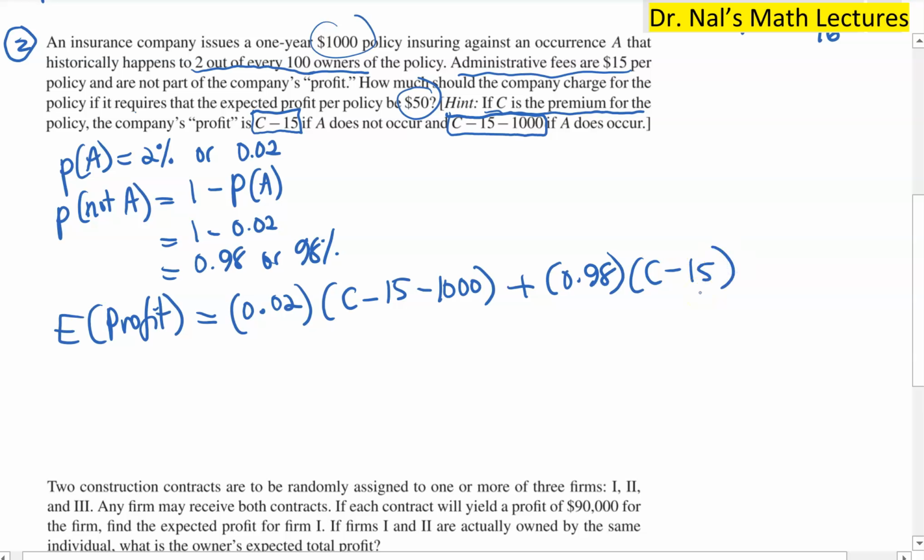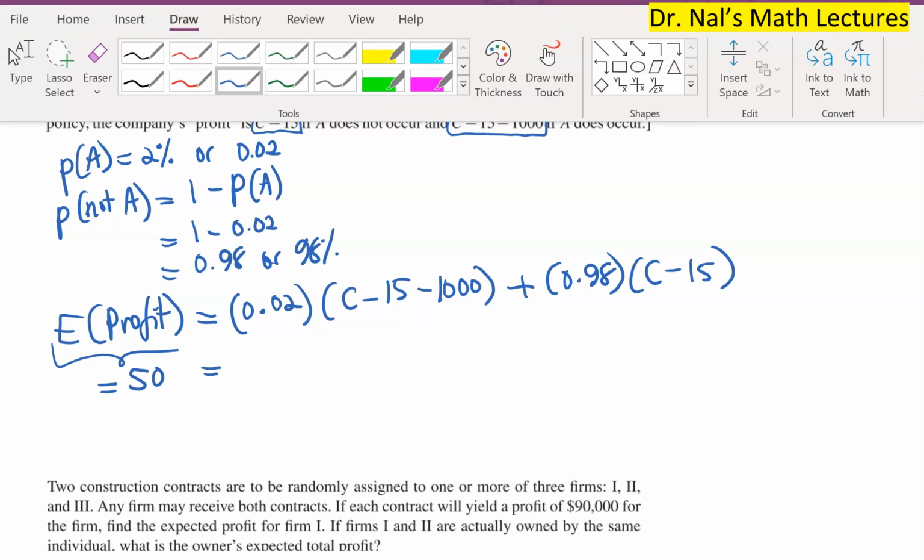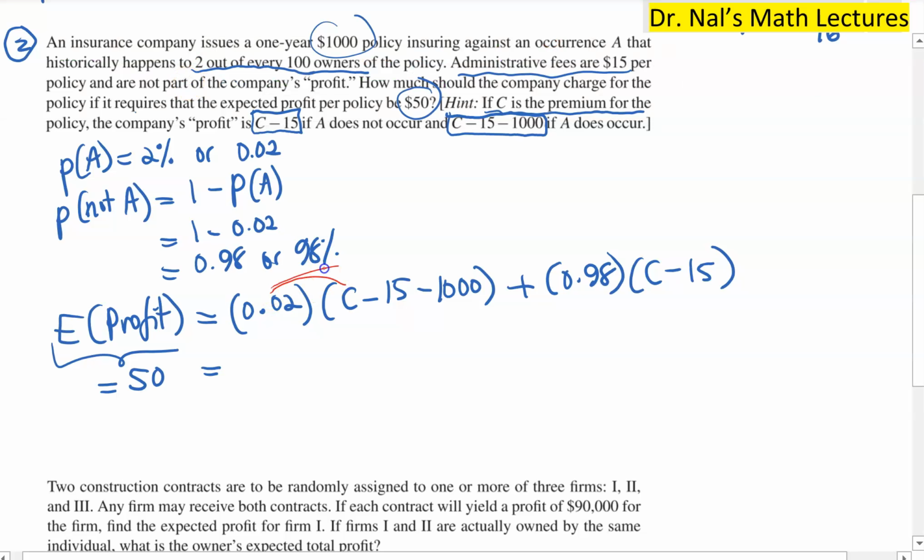Well, we want to make sure this number in the end equals $50, because that's the objective of the firm. It wants to generate $50 cash from selling these policies. Now the rest is very straightforward. One thing that can be done is, from the beginning, we can multiply both sides by 100, or we can directly just distribute. I think I'm just going to go ahead and distribute this across.